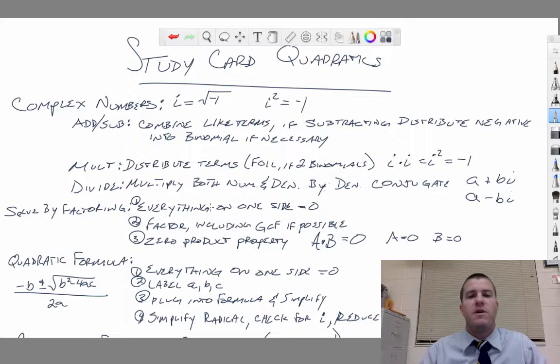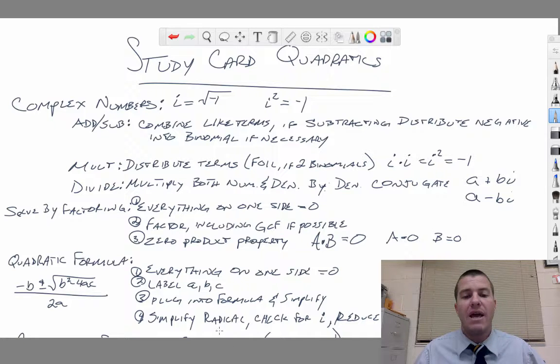With the quadratic formula, I've written it here: -b plus or minus the square root of b squared minus 4ac, all over 2 times a. For this one, you're going to get everything on one side and have it equal to 0 as well. Label your a, b, and c, and then you plug it in and simplify. Just make sure you simplify correctly. Do what's inside the radical first.